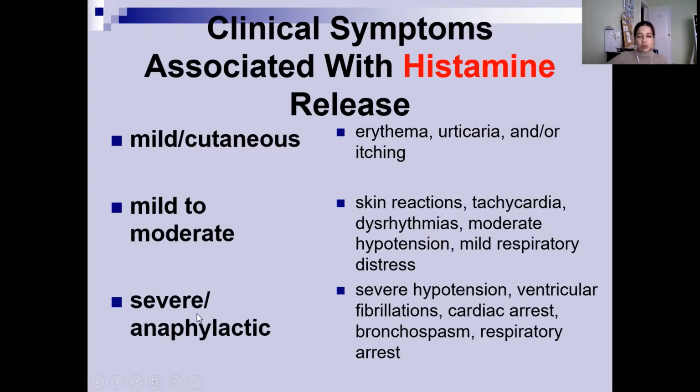And in severe, we also call it anaphylactic reactions. We have severe hypertension, ventricular fibrillations, cardiac arrest, can be bronchospasm, and respiratory arrest. So you see, from very simple, mild symptoms to very severe anaphylactic shock symptoms can be the allergic reaction.